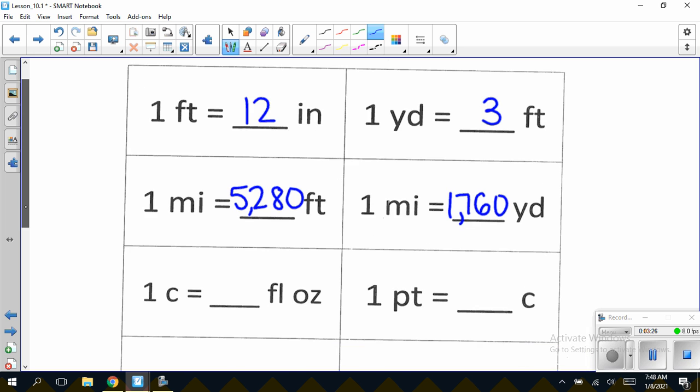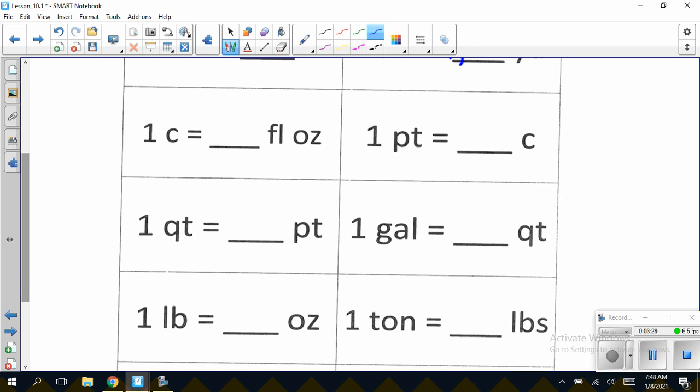Now the next 4 cards are from Lesson 10.2 with our capacity. To fill these in, 1 cup equals 8 fluid ounces, 1 pint equals 2 cups, 1 quart equals 2 pints, and 1 gallon equals 4 quarts.